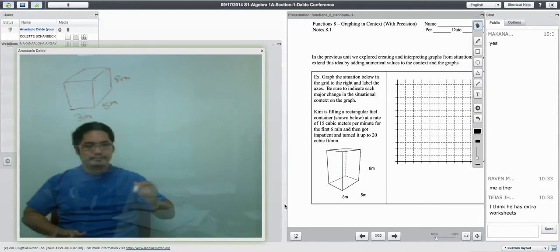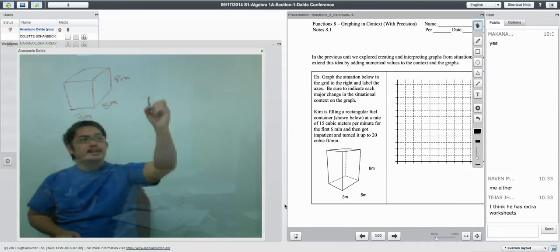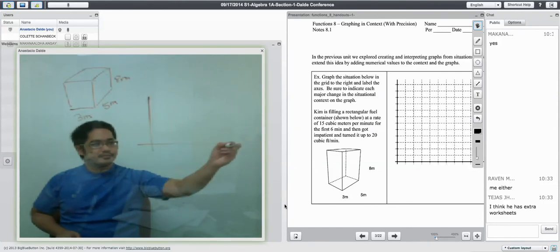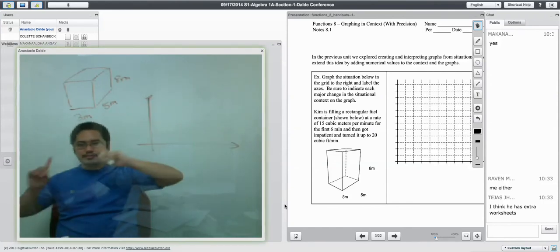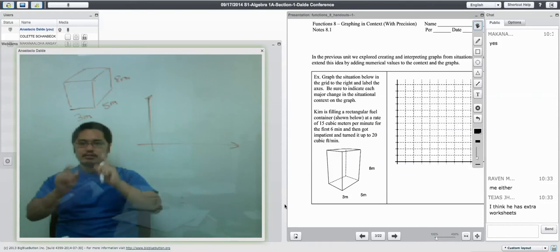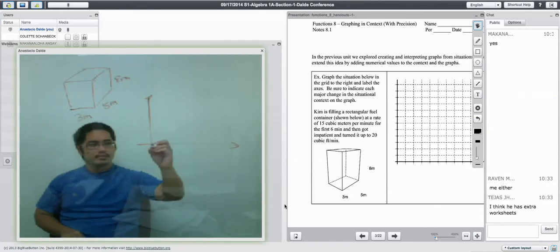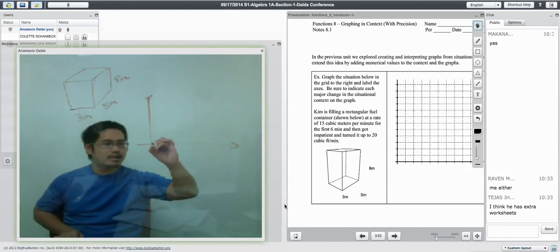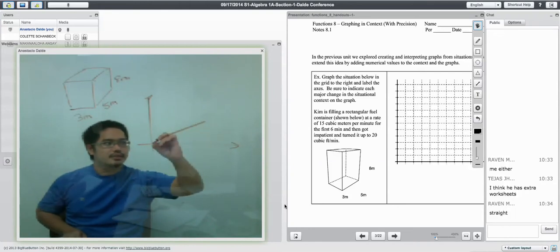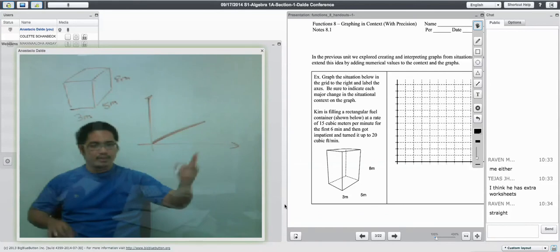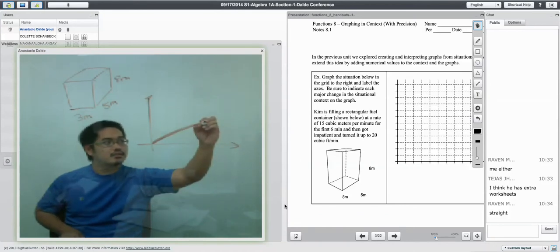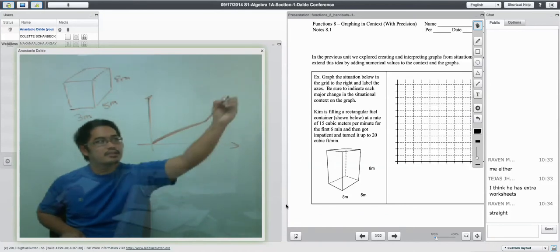We got ourselves a giant graph. Now I have a question for you. How do you think this graph is going to look? Well, it's going to be a straight line that goes up like this, right? And then exactly 6 minutes later, it is going to go up a little bit higher.